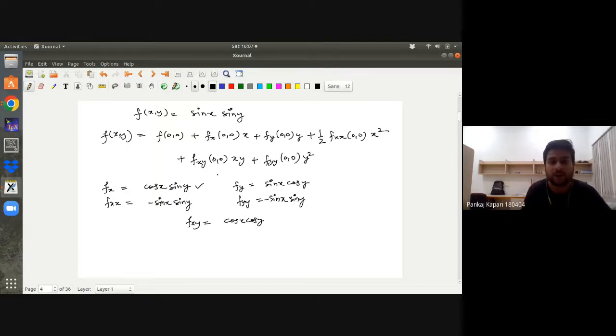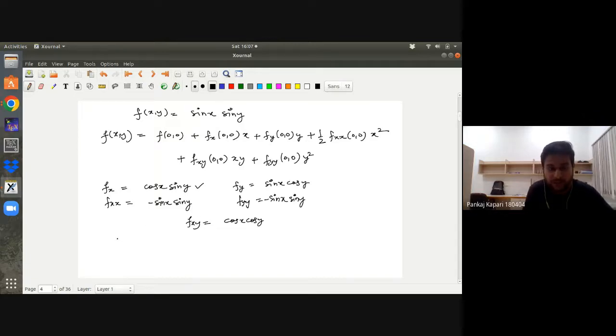Now notice that we have to find all of these values at origin: f(0, 0), f_x(0, 0), f_y(0, 0). Notice that sine of 0 is always 0. So whenever there is a sine term in f_x, f_xx or f_yy, that value will become 0 at the origin. So except the f_xy term, every other term will vanish.